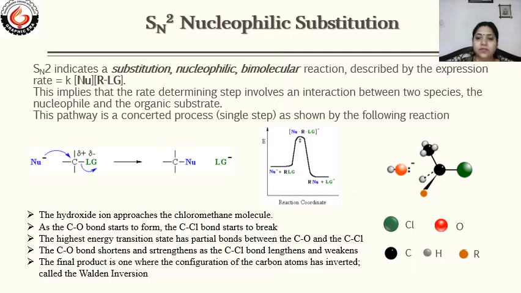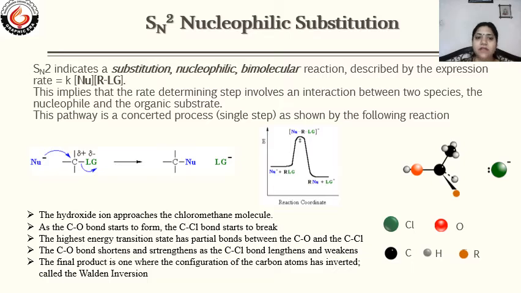So the rate of the reaction depends on both reactants, nucleophile and substrate. During the reaction there is only one step, and bond making and bond breaking occur simultaneously. That is, it is a concerted process.